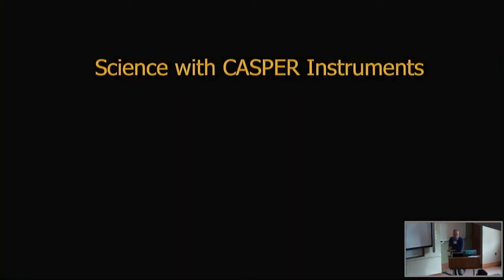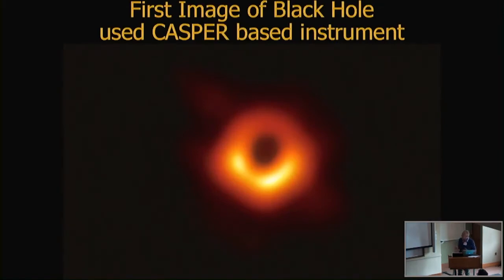I want to talk a little bit about the kind of science that's come out of CASPER. It's not coming out of my group, but I think you know that the first image of a black hole used CASPER. I think Jonathan mentioned, every byte that came out of a radio telescope to make this image went through a CASPER FPGA board developed in South Africa.